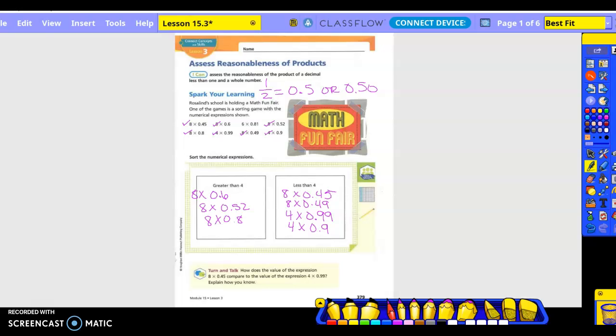So what would be between half and 1? 75 hundredths. So it would have to be at least 75 hundredths or higher to get you greater than, right? So is 81 hundredths higher than 75 hundredths? Yes. So it would be 6 times 81 hundredths on the greater than side.